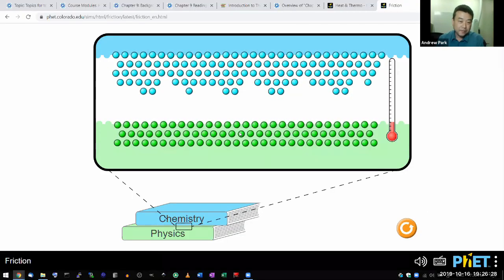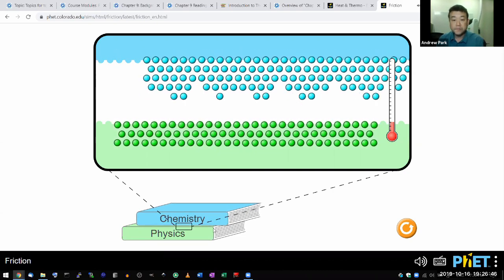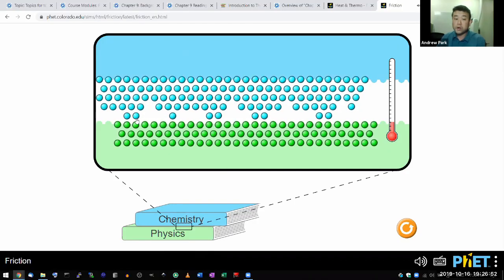And this is the microscopic view that illustrates how that happens. The way you should look at it is every surface, when you go down to a small enough scale, is rough. So as two things slide against each other, there's work being done on these two molecules from those rough surfaces and edges.